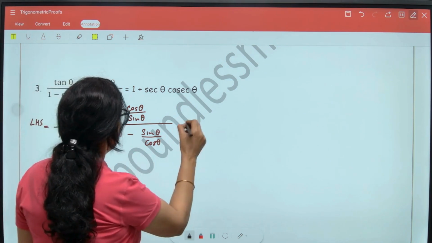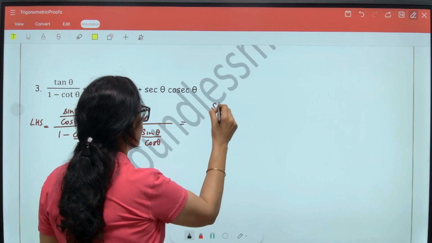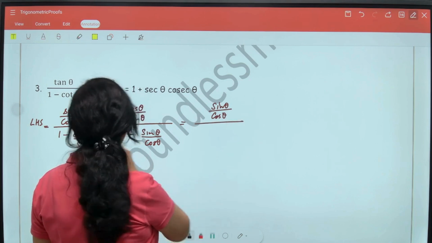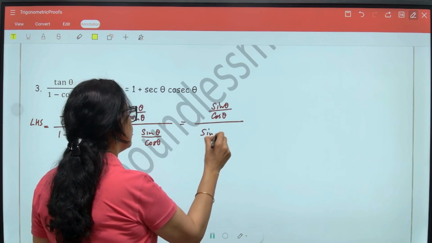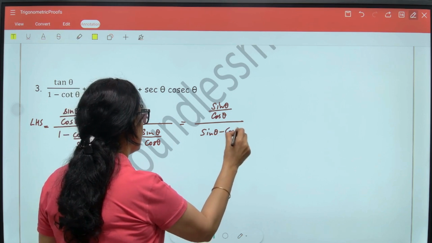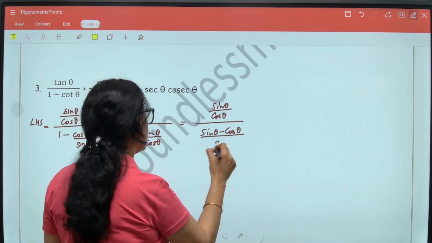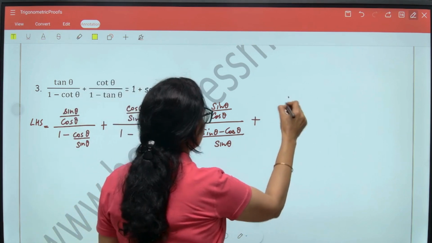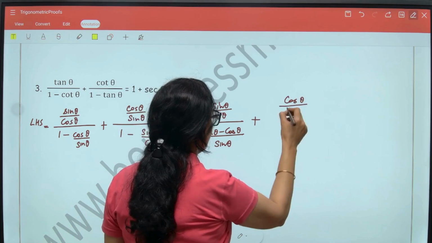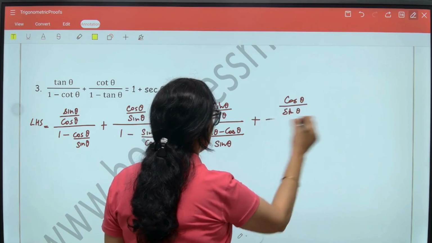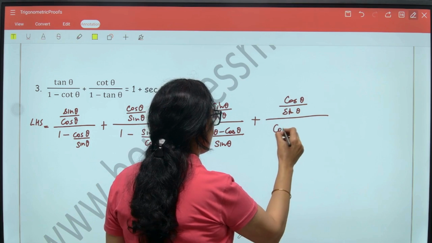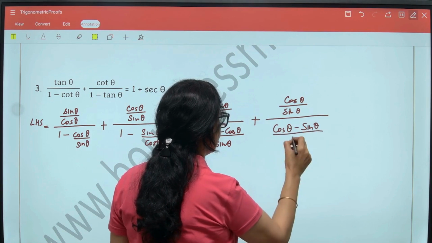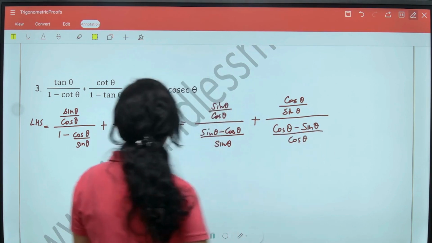Simplified further, so we will have sin theta by cos theta, and in the denominator we will have sin theta minus cos theta upon sin theta, plus the second term will be cos theta upon sin theta upon, this is cos theta minus sin theta upon cos theta, right?